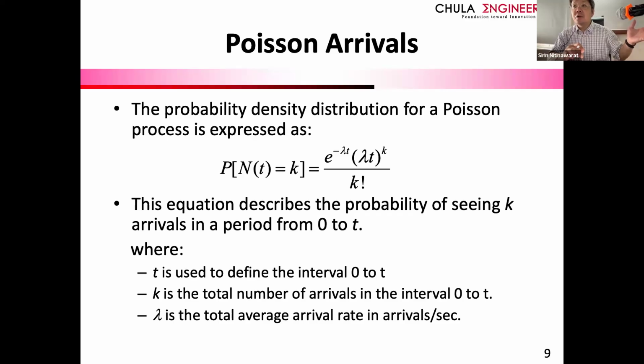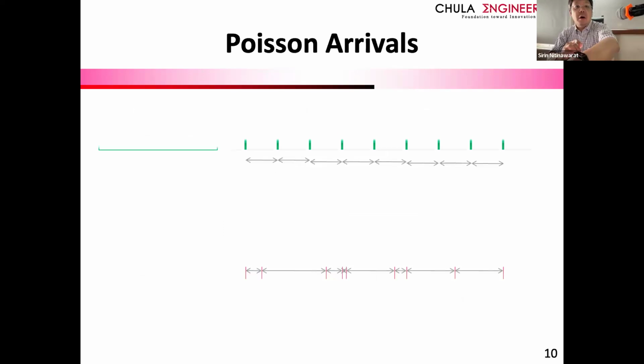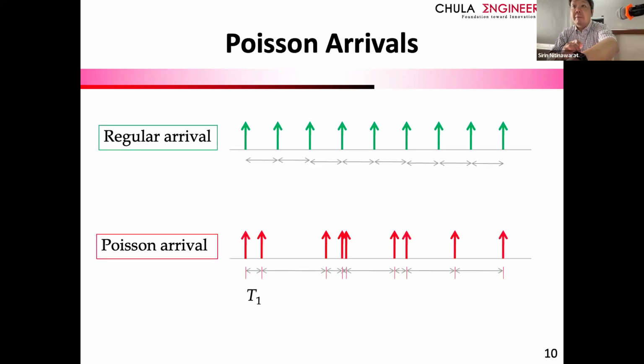Remember T1, T2, right? That is what's called the inter-arrival time. So let's say I describe arriving customers in this arrival diagram. For a regular arrival, it will be something like that. But for a more realistic system like a Poisson arrival, the arrival instances would be more random, something like that, right?